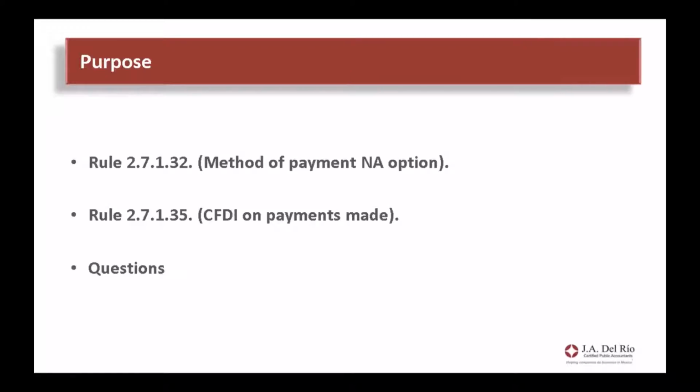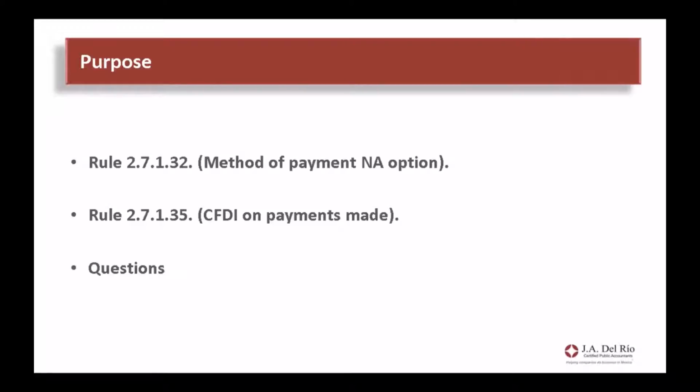Now, with globalization and also with the idea of expediting reviews and making everything paperless and more easy for the taxpayers to comply with, in 2010, tax authorities released electronic invoicing.